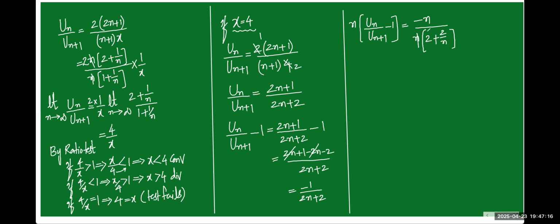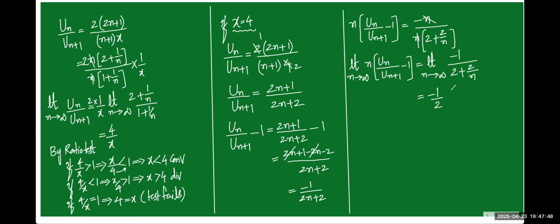Once again this n cancels. Finally, we apply the last step of Rabi's test, that is limit n times un by un plus 1 minus 1. This is equal to the limit n tending to infinity of minus 1 by 2 plus 2 by n. If you apply the limit, our answer is minus 1 by 2, which is less than 1.